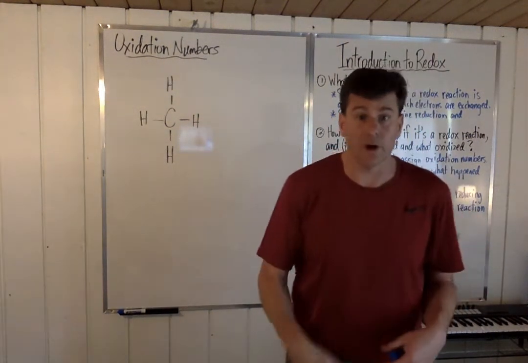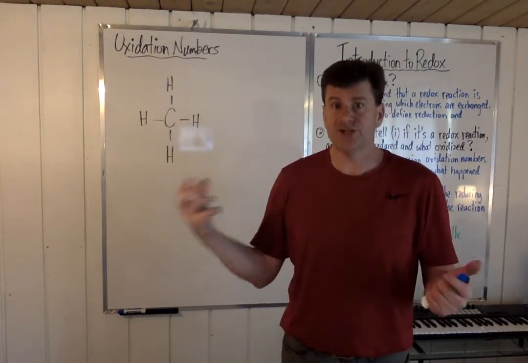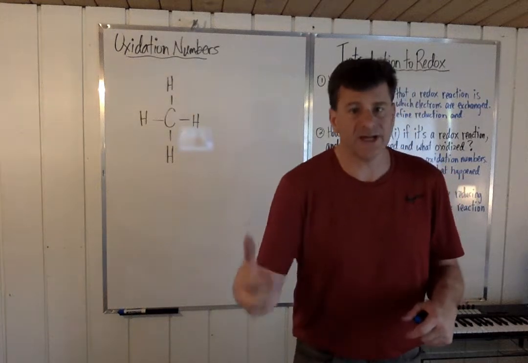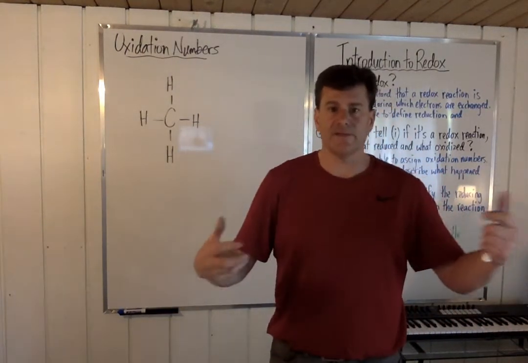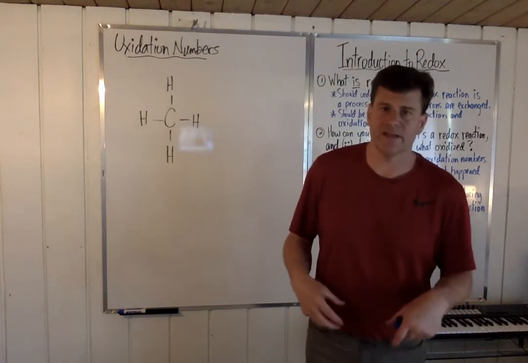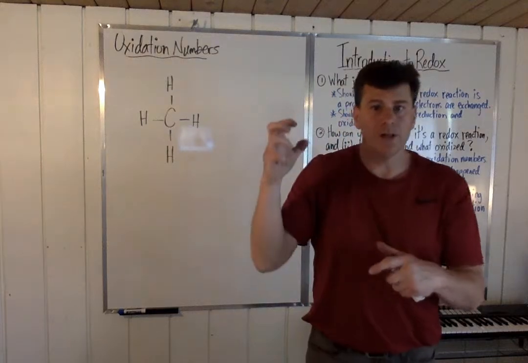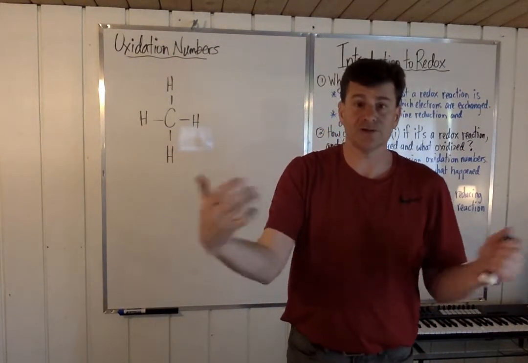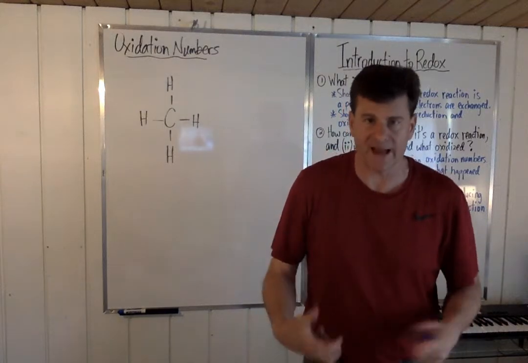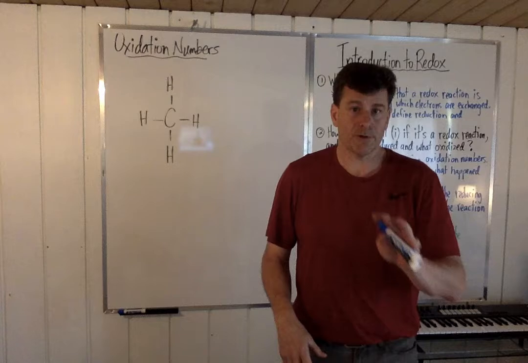So in CH4, the carbon has an oxidation number, and each of those hydrogens has an oxidation number. The hydrogens are all going to be the same because you'll see that they tend to behave in a similar way. So if I rip all 5 atoms apart, where would the electrons go and what would the resulting charges be? Now, it's hypothetical, of course. And that's what an oxidation number is.